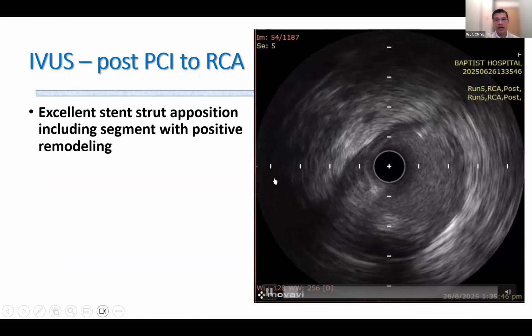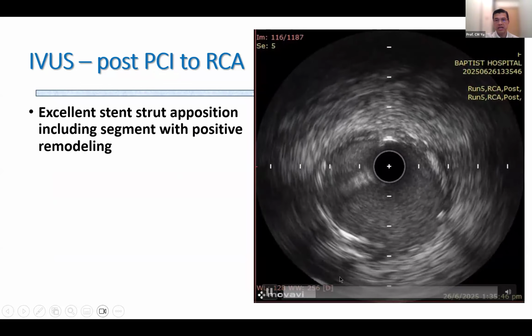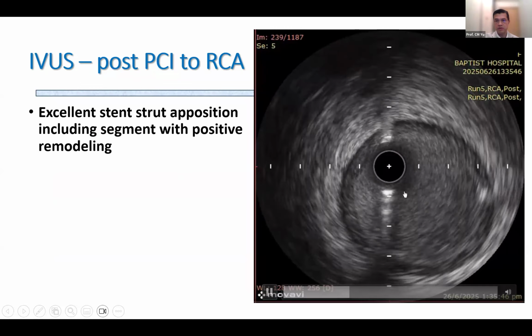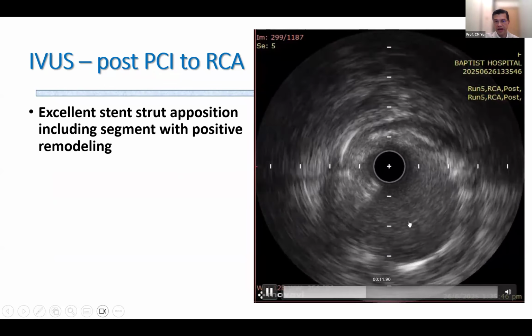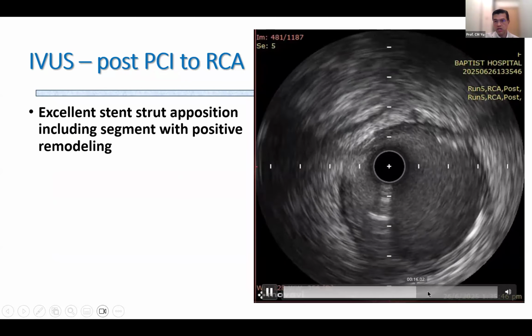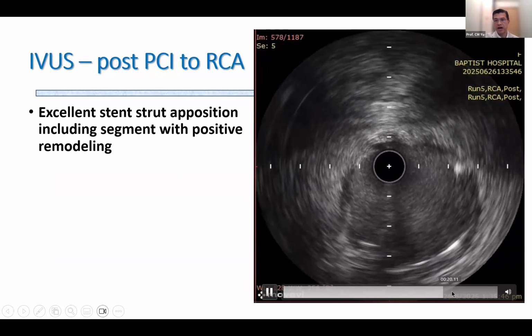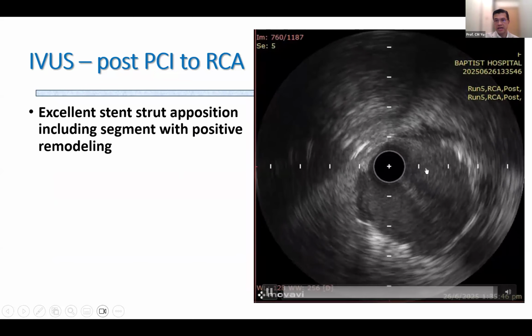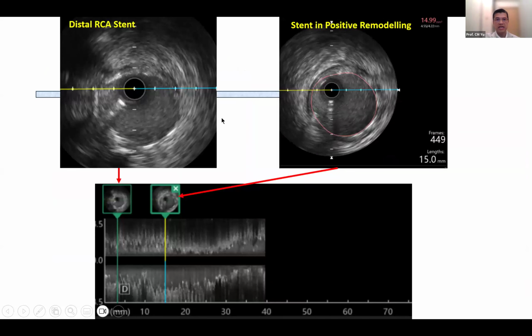Now, this is the angio showing the external stent apposition from the PDA up to here, the region of ectasia, where there's no more malapposition, and also further upstream at the mid to distal RCA after stenting. I think the stent has been nicely apposed.